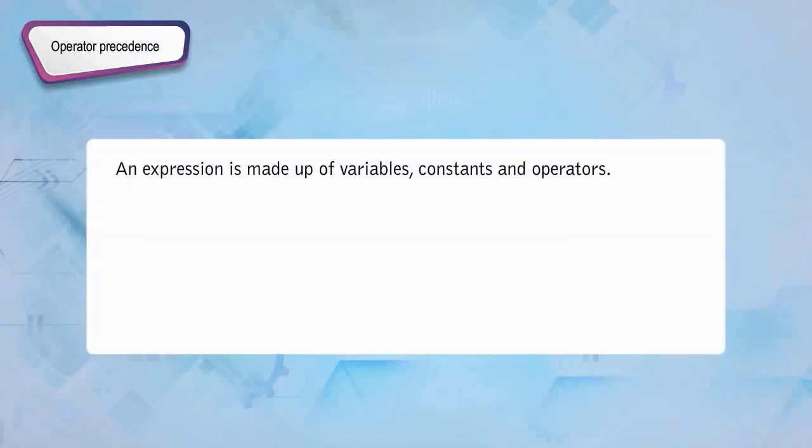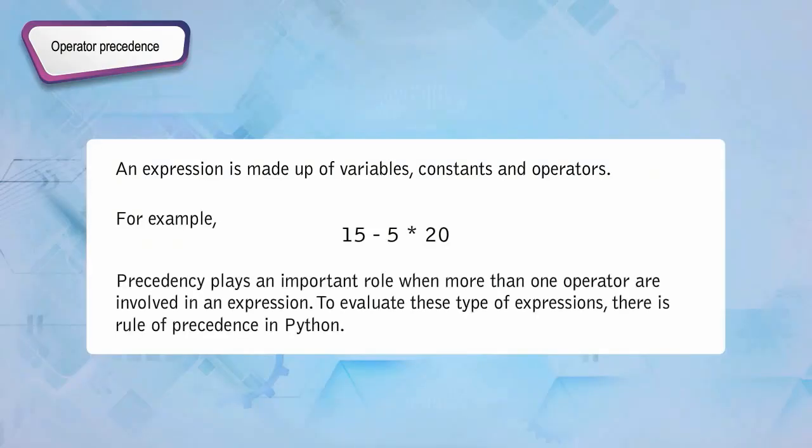Operator precedence. An expression is made up of variables, constants, and operators. For example, 15 - 5 * 20. Precedence plays an important role when more than one operator is involved in an expression.